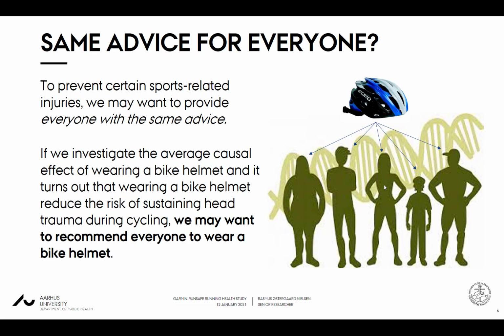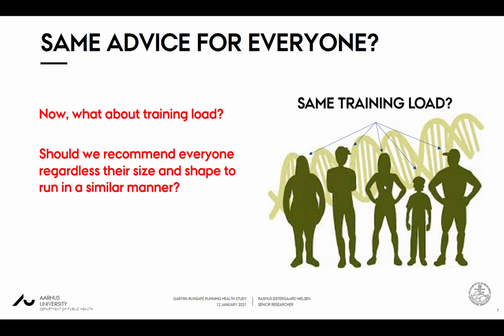So in this case, we want to recommend everyone to wear a bike helmet. Same advice to everyone. But imagine what would happen if we copy-pasted the same thought to training load. Should we recommend everyone, regardless their size and shape, to run in a similar manner? I don't think that would be appropriate.